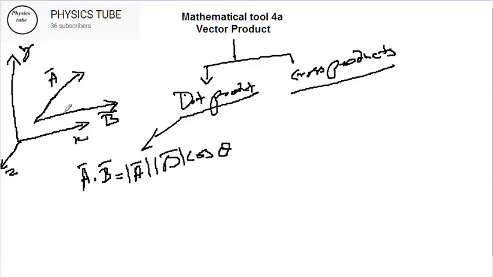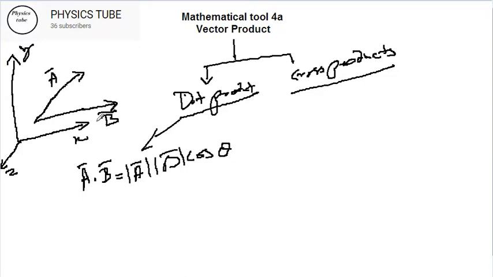Along the x component it will be i hat a1, along y it will be j hat a2, and along the z direction it will be k hat a3, suppose. So that will be the equation of my a bar, and the b vector can also be represented in this way.